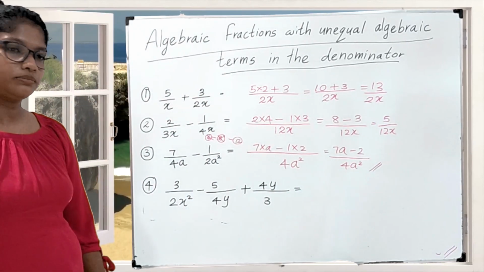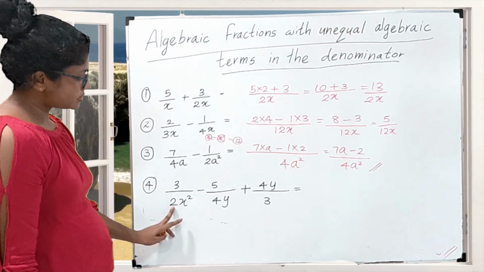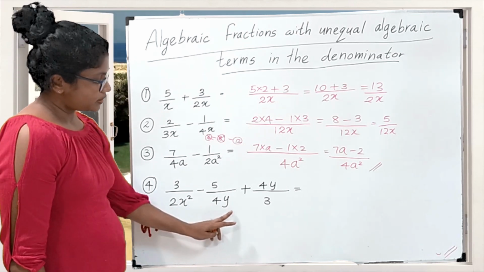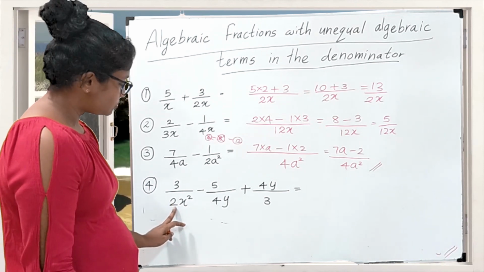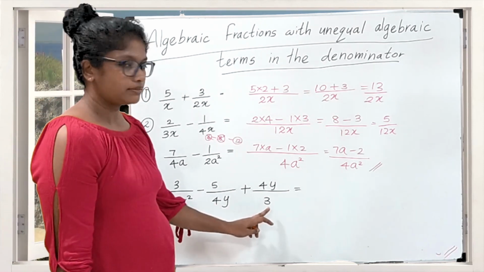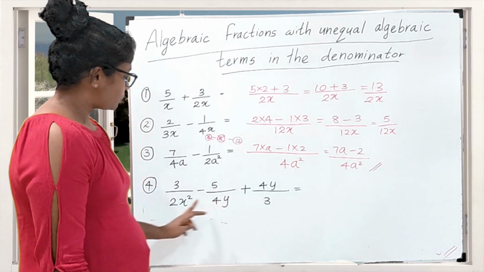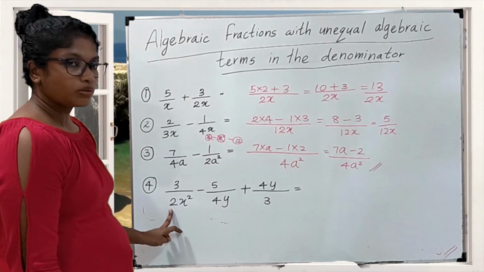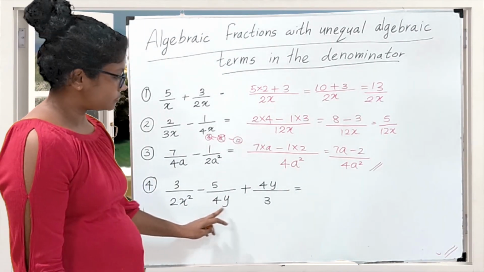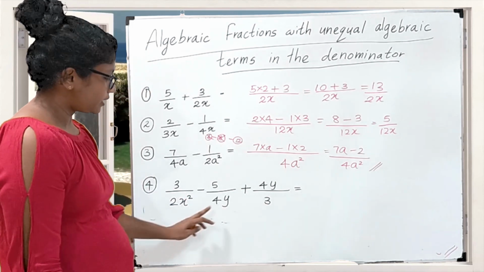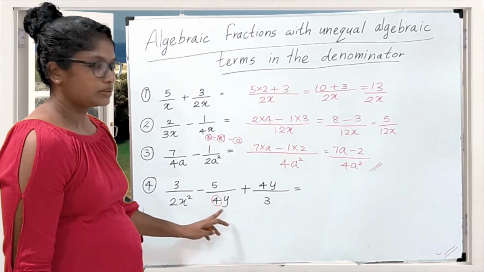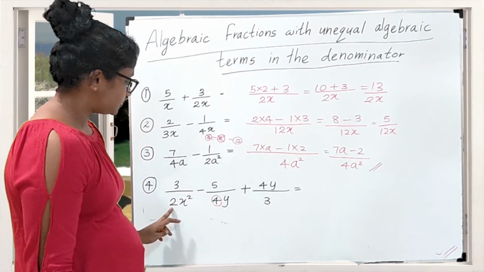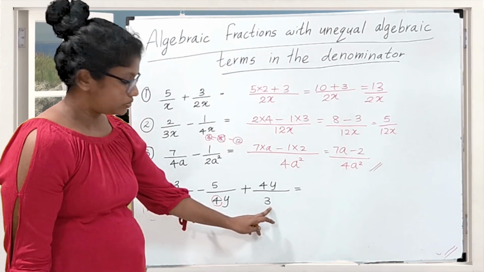And the last one, 2x squared, 4y and 3. The numerical values are 2, 4 and 3. Then what is the common value here? We can take the highest value 4, but it is not divisible by 3, so we can't take 4.